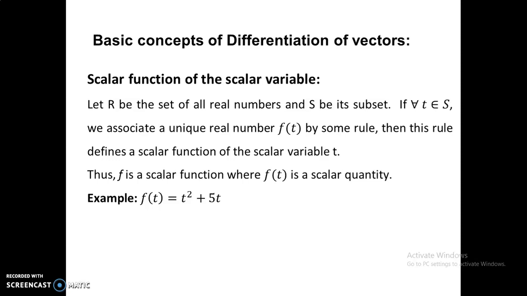Hence, f is a scalar function where f of t is a scalar quantity. It means this f is a scalar function that depends on the scalar quantity t, where t is a member of S, and S is a member of R. For example, f of t equals t square plus 5t.